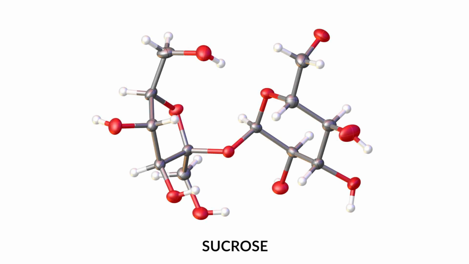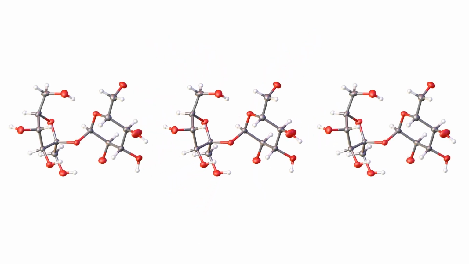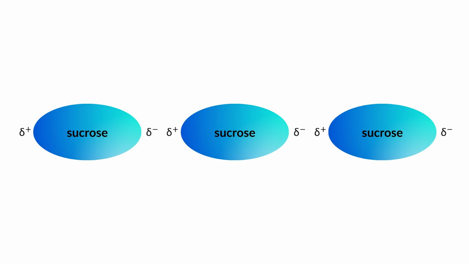This affects the strength of attraction between molecules, which in turn affects the state at which the molecular substance may assume at room temperature. In polar molecules, partial charges are present. These will facilitate attraction between polar molecules. And if the attraction is strong enough, some polar molecules, for instance sucrose, can keep the molecules close to each other. That is why at room temperature, sugar, which is made up of sucrose molecules, exists as solid.